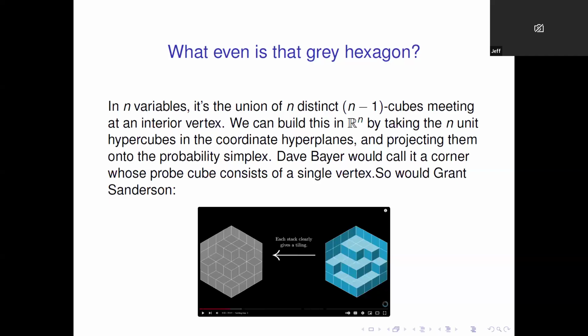And so you can sort of imagine these places where the three rhombuses are meeting as exterior vertices in a staircase diagram, like on the right.